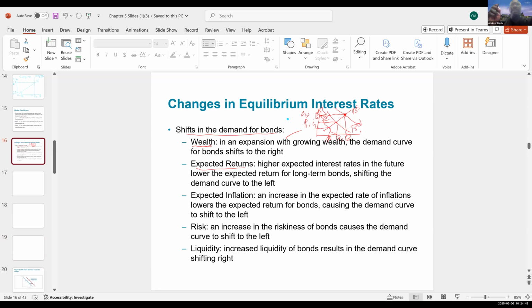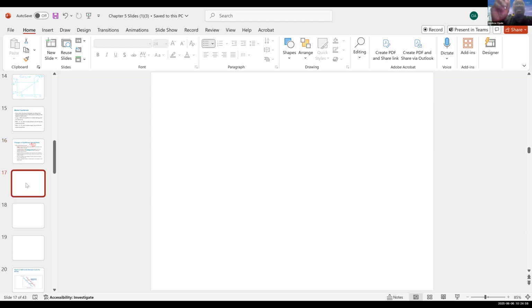And the one thing that will make your returns go up is a higher interest rate, which will affect expected return, especially for long-term bonds. Because in chapter 4, there's something we did. We said that the rate of return on a bond investment has two component parts. It's the yield, the guaranteed yield on the bond, plus the rate of capital gains.